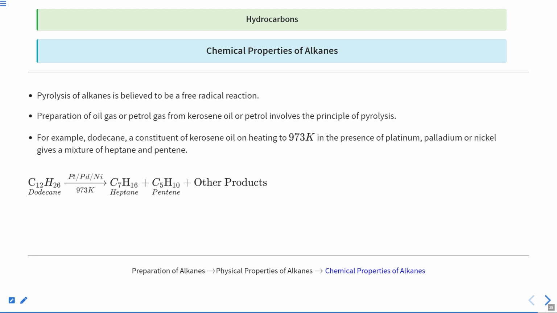For example, dodecane, which consists of 12 carbons, if you heat it at 973 Kelvin, which is 700 degrees Celsius, in the presence of platinum, palladium, or nickel, it will give you heptane, pentane, and other smaller products. You cannot predict at all what enormous number of smaller alkanes can be formed from here.